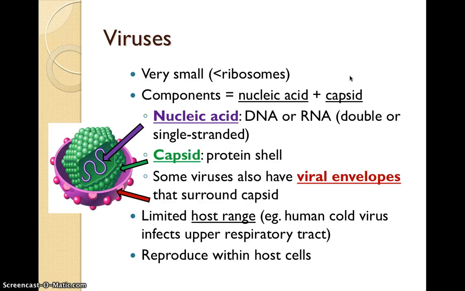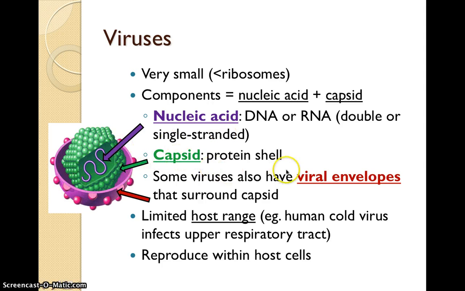Viruses have three major, common components that we can see. You have nucleic acid, usually RNA, but sometimes DNA, and it can be double-strand or single-strand depending on the kind of virus. You also have the capsid, which is the green part right here.